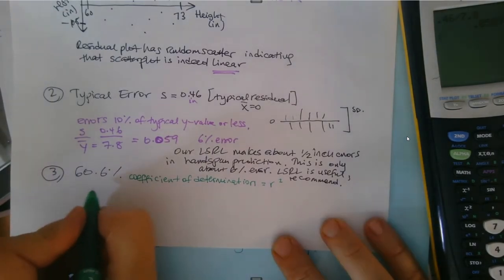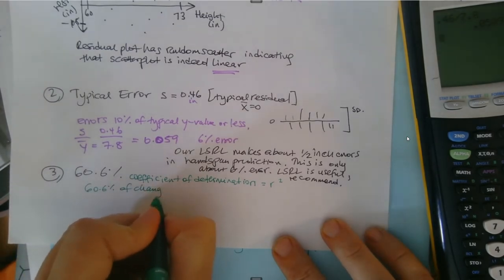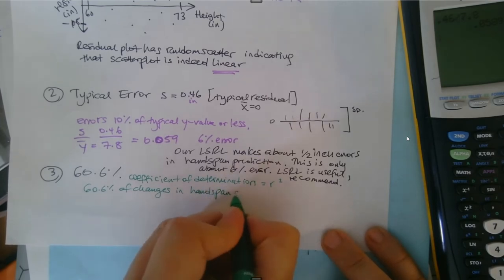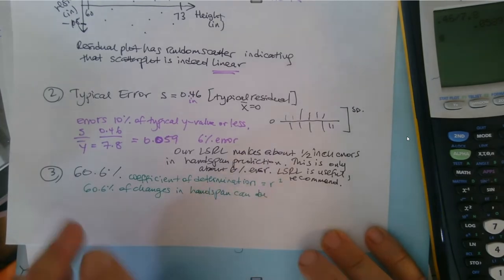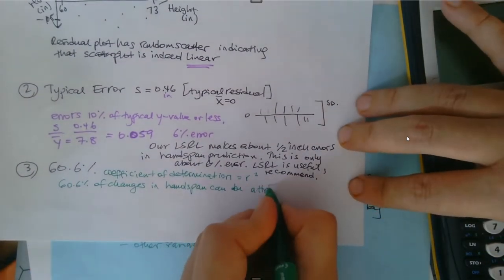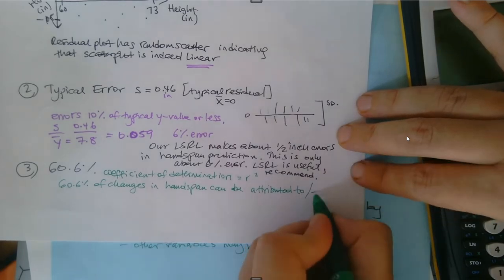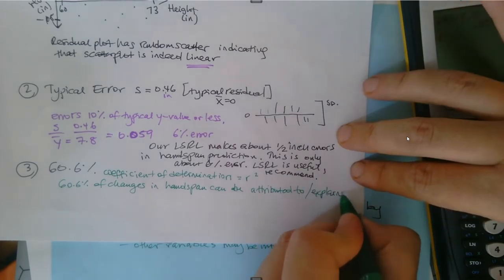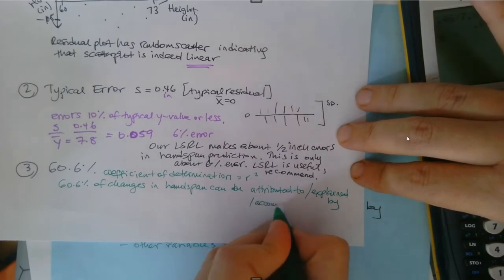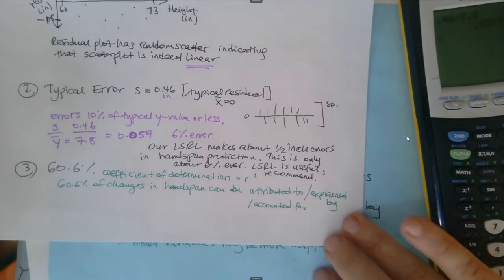So we're going to say 60.6% of changes in handspan can be, there's many, many different ways to phrase this. Pick one you like. Attributed to, the one that usually sticks out for me. Explained by works too. Or accounted for. And then the way the sentence continues, you also have some options.